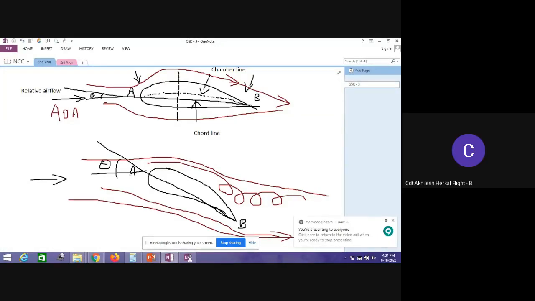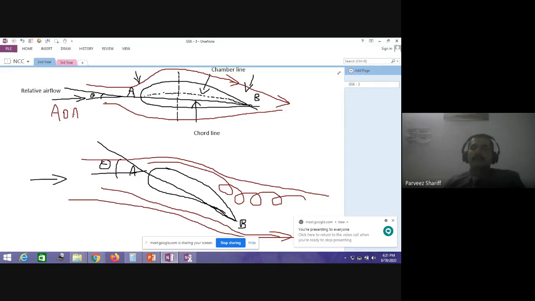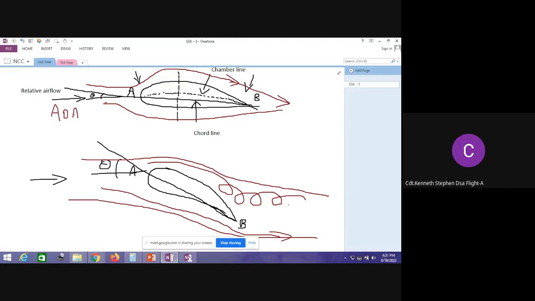Pitch down, sir. I repeat the question. If the elevator goes up, the nose of the aircraft will be in which position? Sir, the nose of the aircraft will be in nose down position, sir.